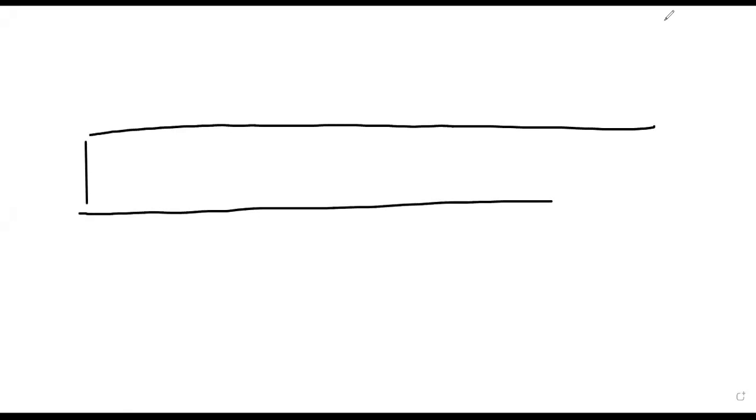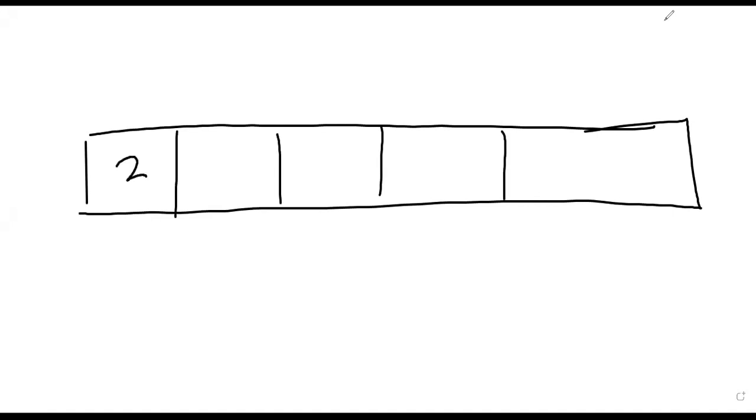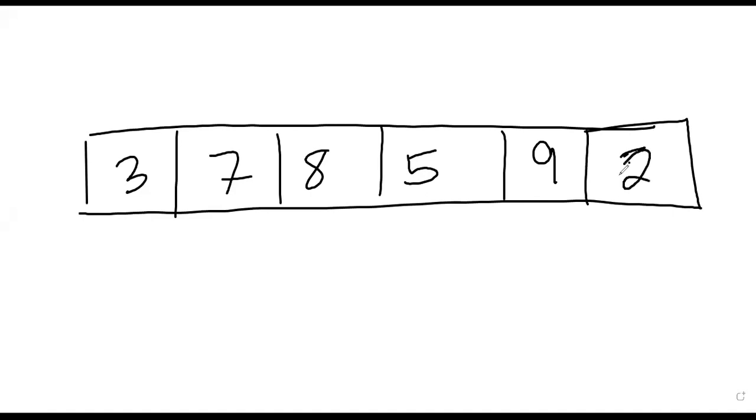If we have an array of some numbers, okay, so this is our array. Of course we have indexes 0, 1, 2, 3, 4, and 5.